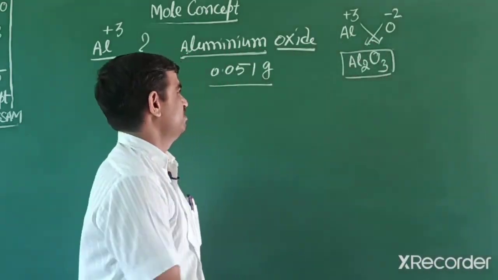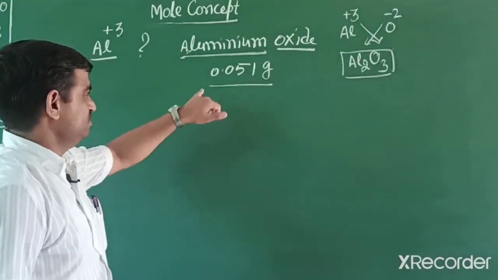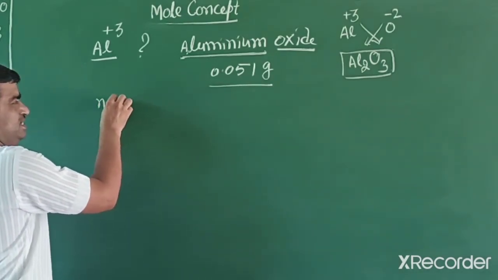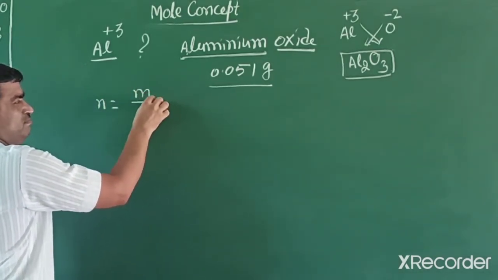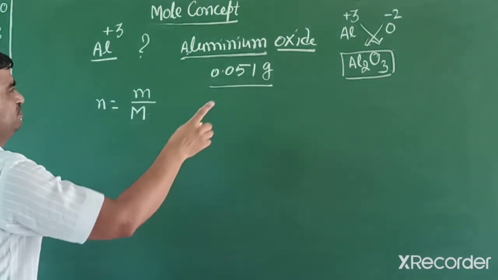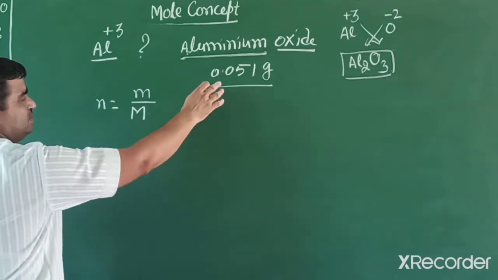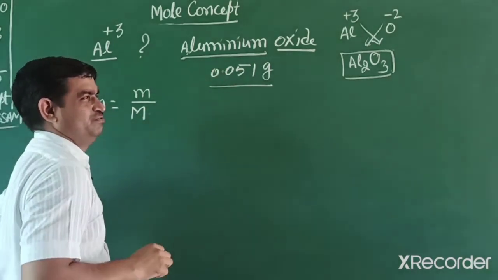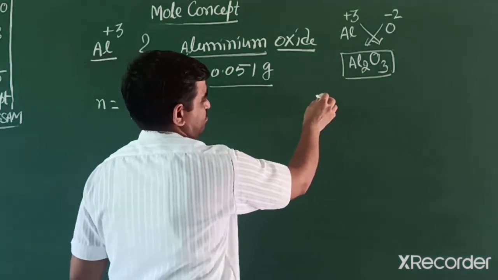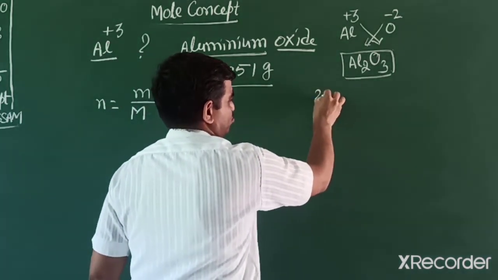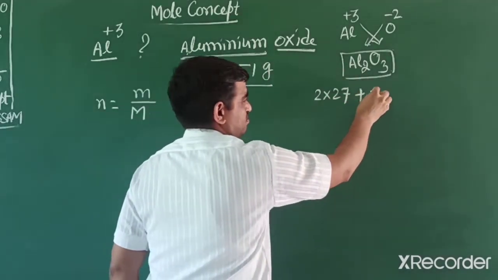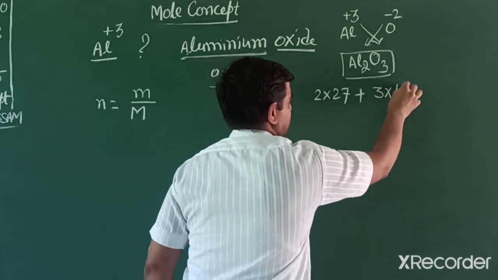After that we find aluminium. Mass is given. So the simple formula, n is equal to small m divided by capital M, means given mass by molar mass. Given mass is known, but at first we find the molar mass. So for molar mass, aluminium is 27, 2 into 27 plus 3 into 16.